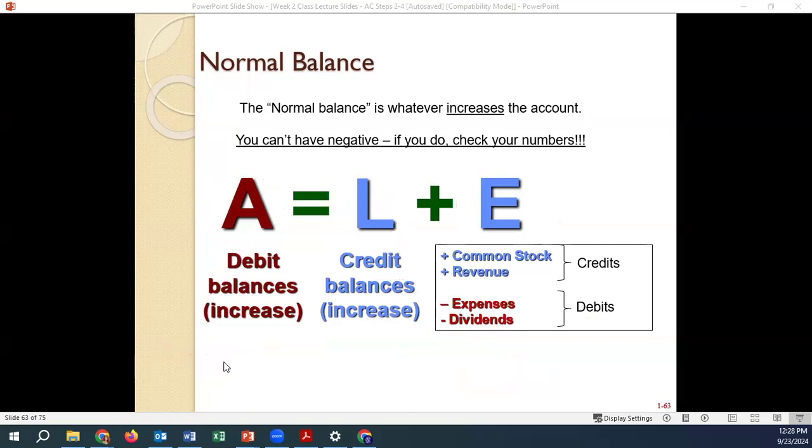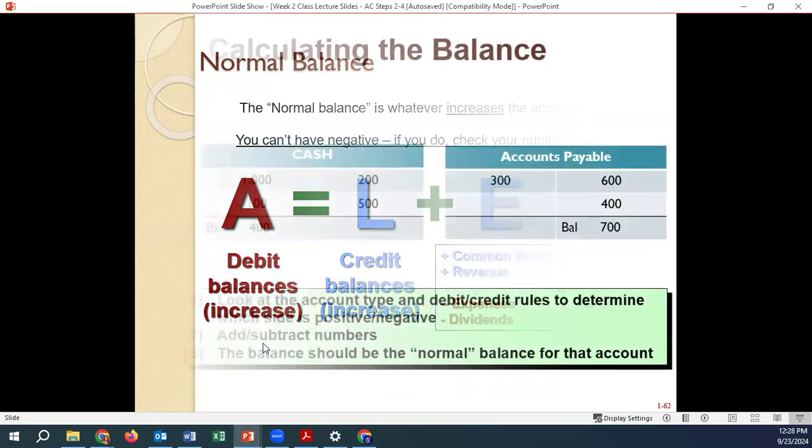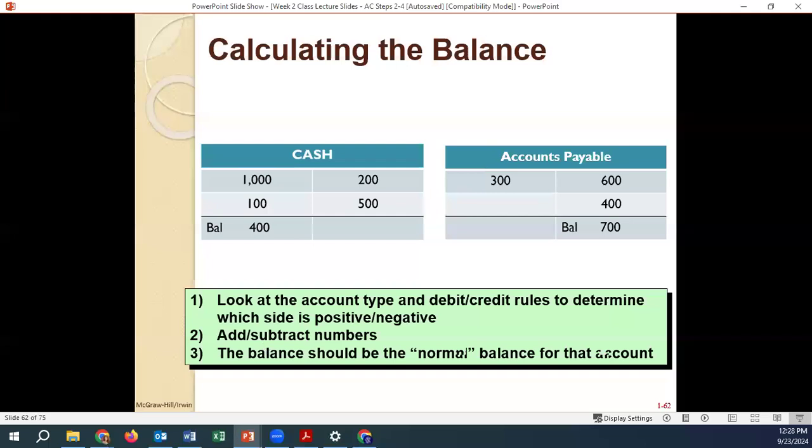So again, one thing I want to reiterate is what students sometimes want to do on these types of problems. They want to do something like this. Okay, well, 1,000 here and 100 here gives you 1,100. And 200 here and 500 gives you 700. That is not a balance.